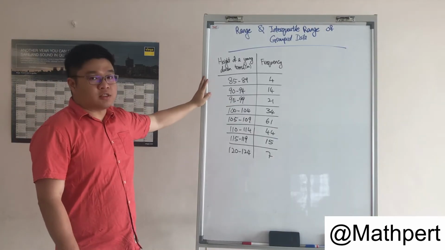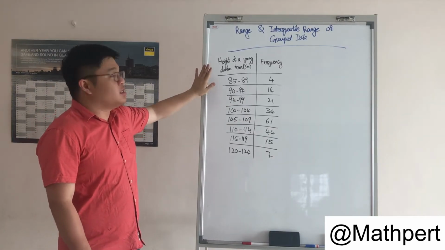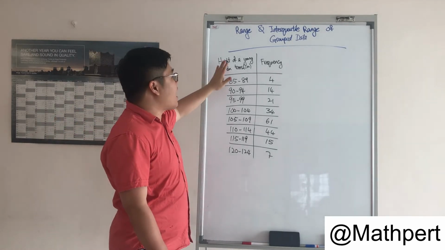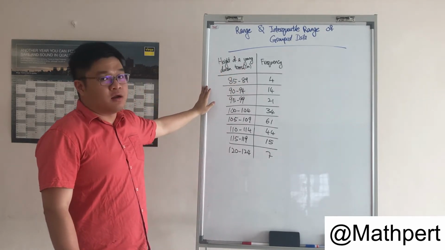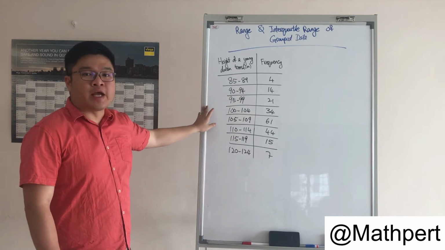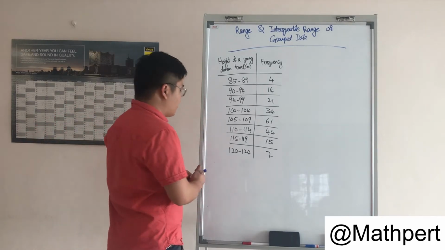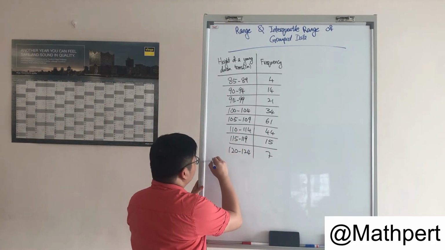Let's look at these questions. Given by the question, this is the distribution of the height of a young durian tree. We are asked to find the range and interquartile range. First of all, let us look for the range.